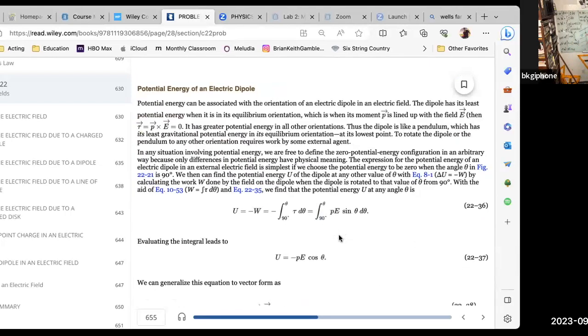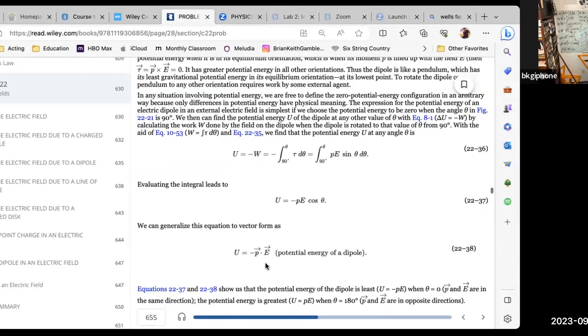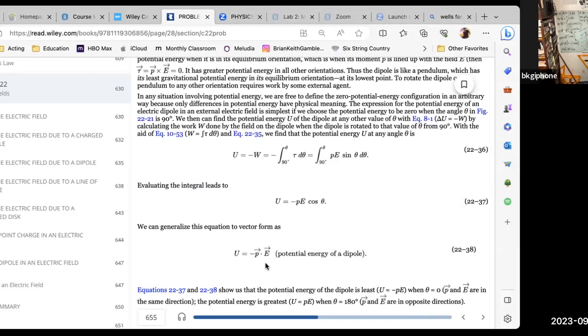So in the end, they still get what I got here, but yeah, they're doing everything I said because they have the 90 down. But they went all the way to 90 degrees. So that was just convenient.